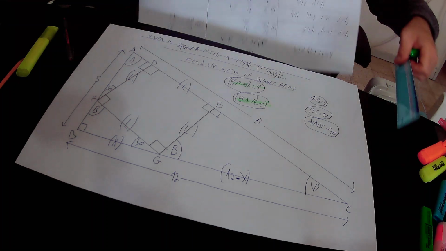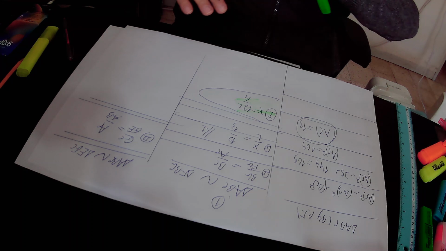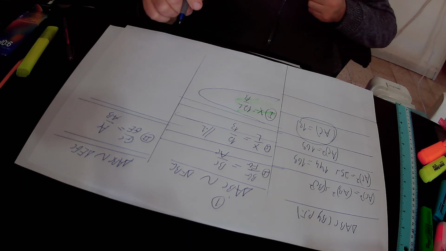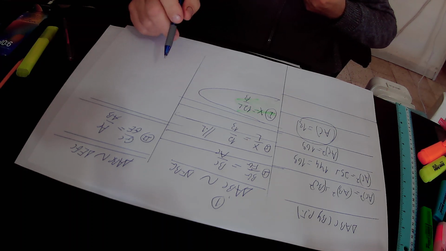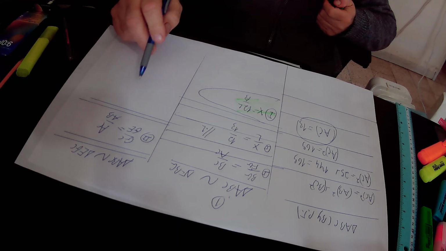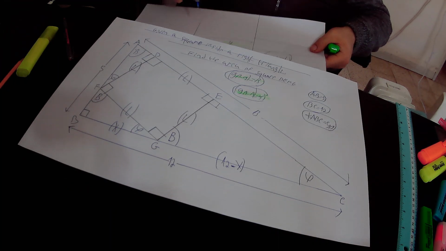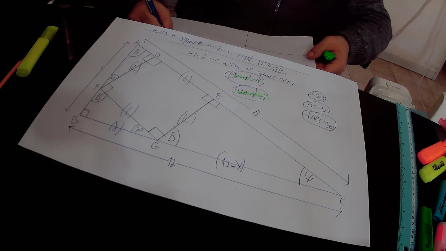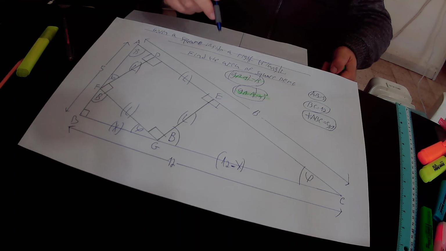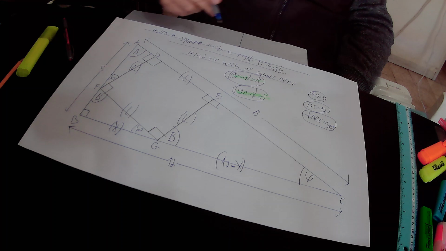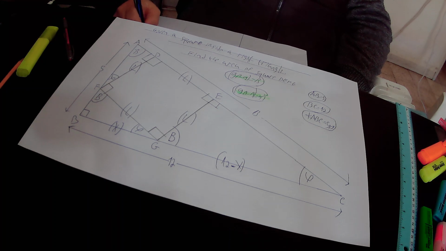From the fact that the right big triangle ABC is similar to the right small triangle EGC, we derive that GC over GE equals AC over AB. Here GC is 12 minus X over GE.